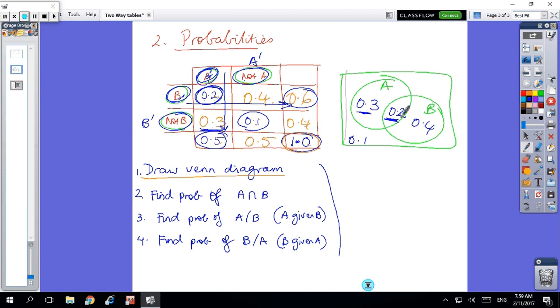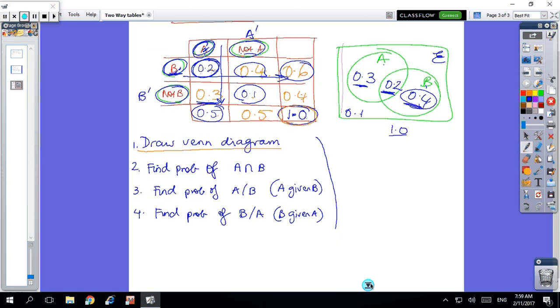So 0.3 plus 0.2 plus 0.4 plus 0.1 equals the 1.0. Okay, just put the little universal set in. And all these numbers here would be reflected. So B and not A is 0.4, as an example.